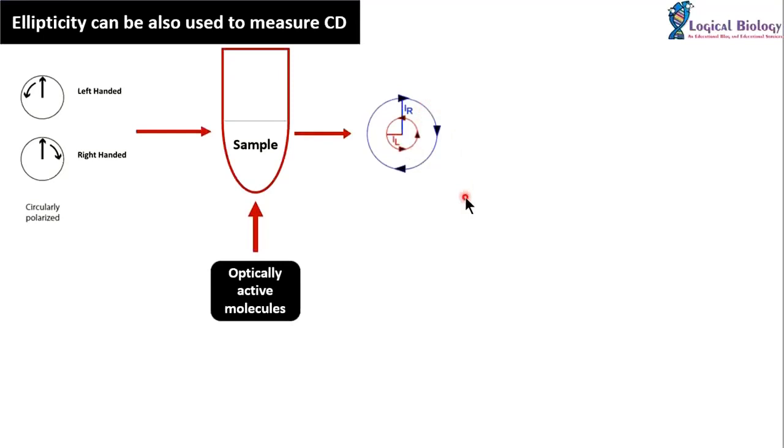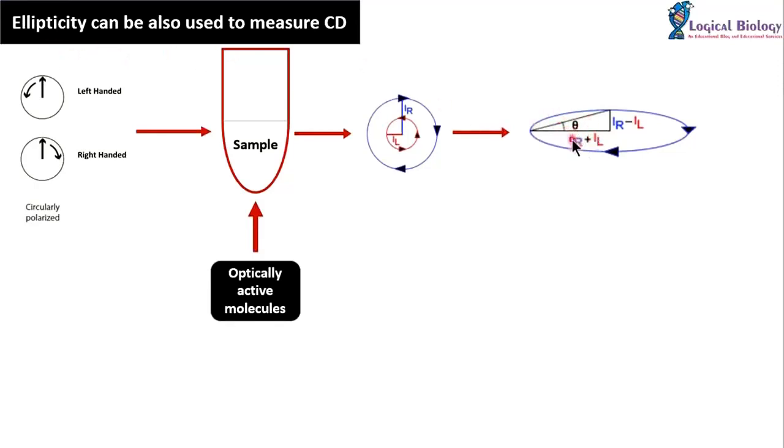So when two lights having different amplitudes are coinciding with each other, we get the formation of an ellipse, and the angle which is created by this ellipse is called theta, or you can say ellipticity.